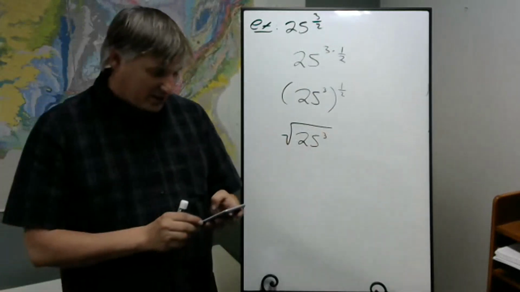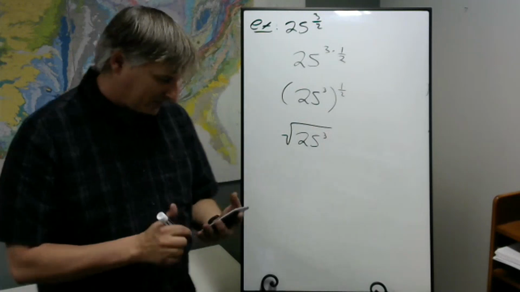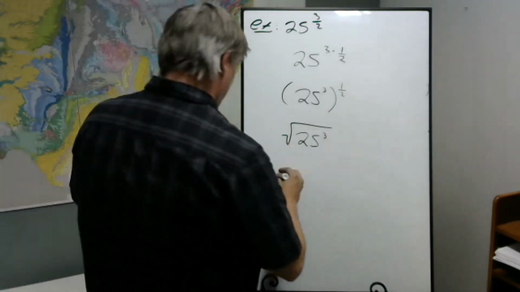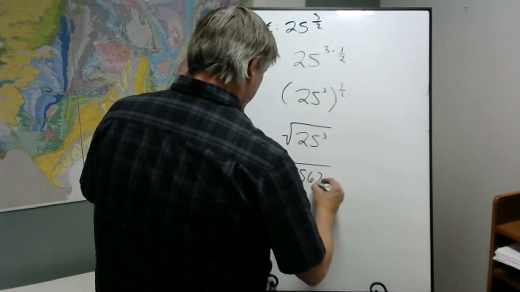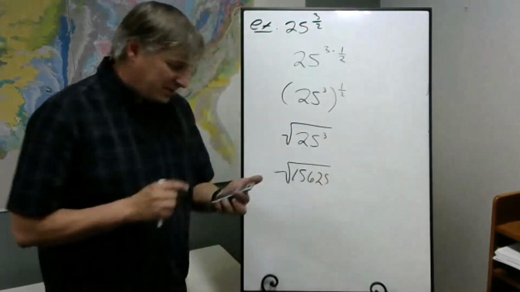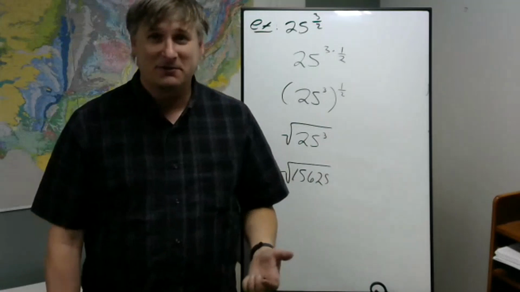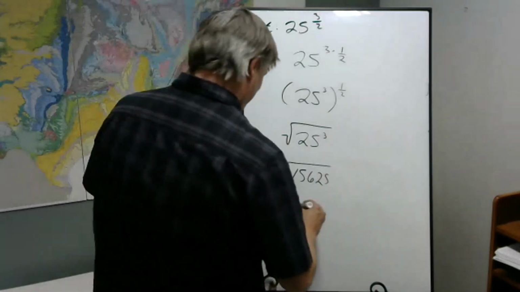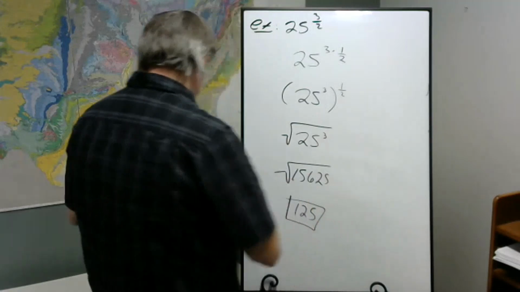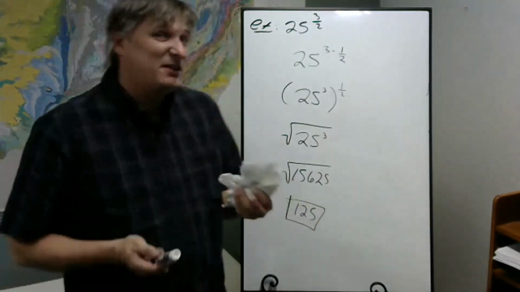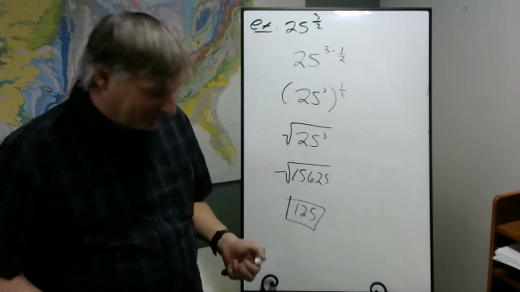So 25 cubed is 15,625, and then I'm going to use the square root key on my calculator, and I get 125. So again, depending on which way you go, this could be easy or hard or harder.